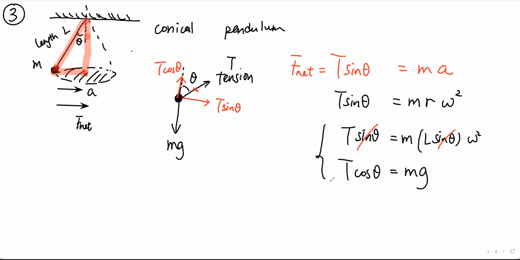So what we can do, now let's eliminate the T from these two equations. So this is the second equation. This is the first equation. So let's do the second divided by the first one.